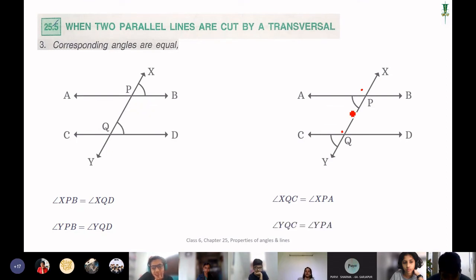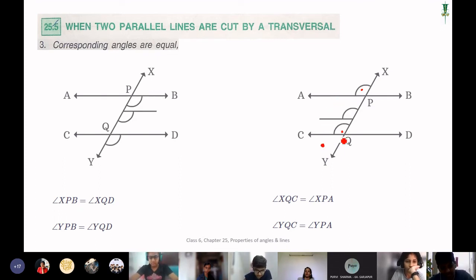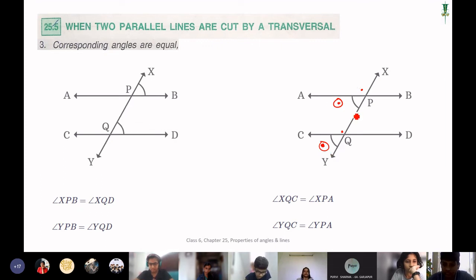And the other pair is YQC and YPA. YQC is this one, and YPA is this one. These two are corresponding on the other side of the transversal.